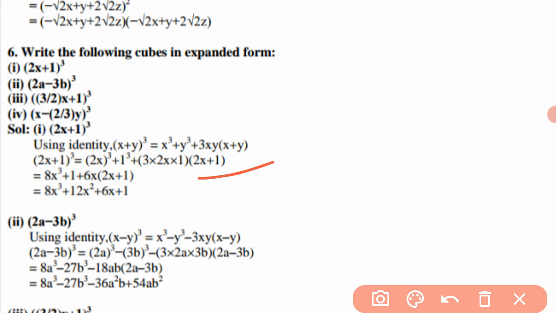Now by solving it, it will be 8x³ + 1 + 6x(2x + 1). Now by solving it, 8x³ + 12x² + 6x + 1. So this will be the answer.